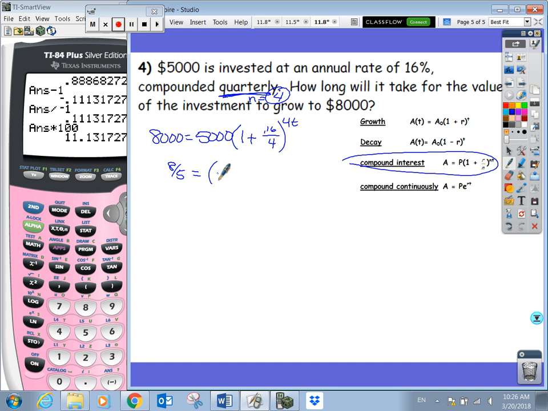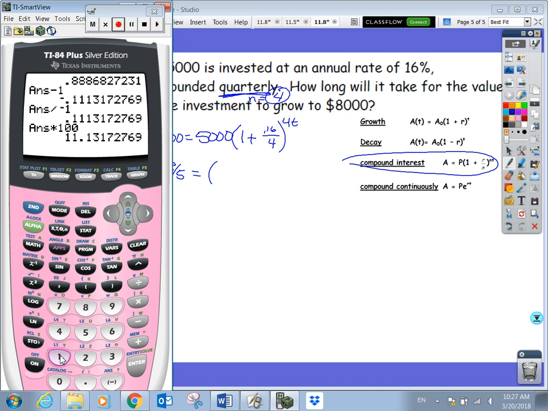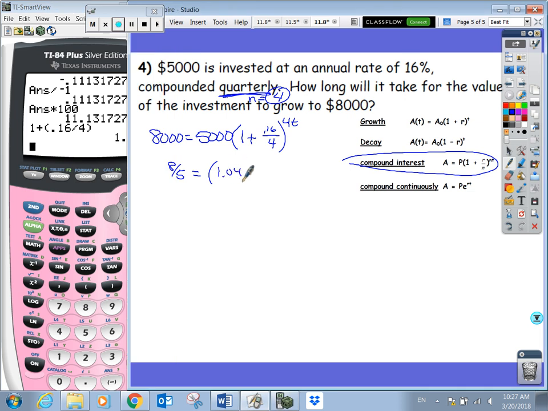And then, that's a lot of stuff that can get mixed up, so I would figure out what that is, so that I just have less to write. 1.04 to the 4t. It just looks a little bit nicer. And the less you have to put in parentheses in your calculator, the better.